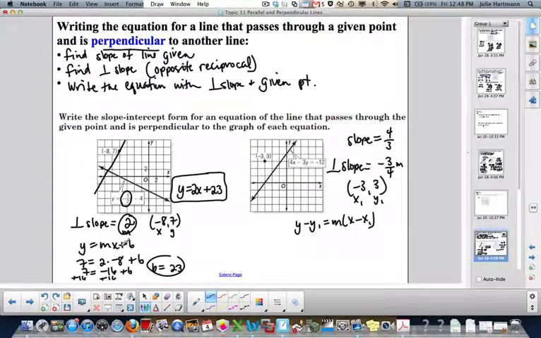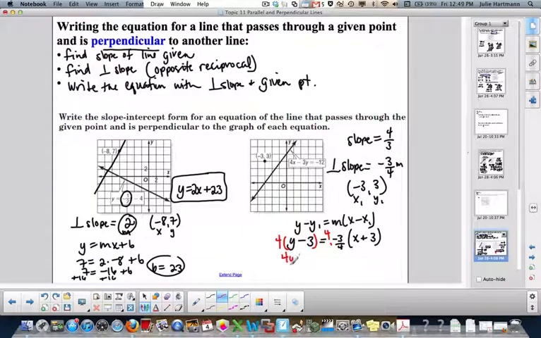I'm plugging into this equation, point slope. I did slope intercept here because I know some of you do, but I'll do the point slope here. So we have y minus 3 equals m, which is negative 3/4, times x minus a negative 3, which becomes x plus 3. Now, because the 4 doesn't go into here, what I'm going to do is multiply both sides by 4.